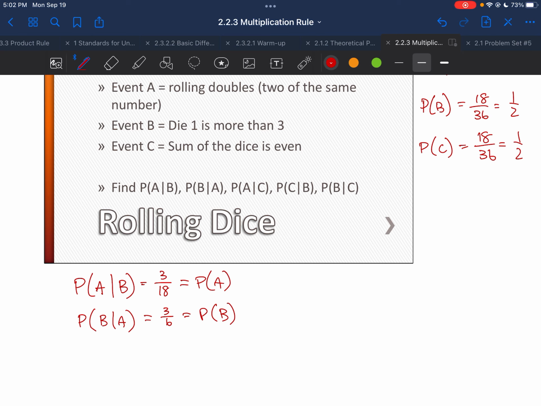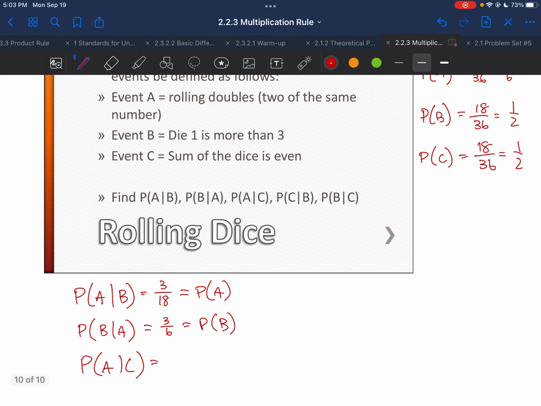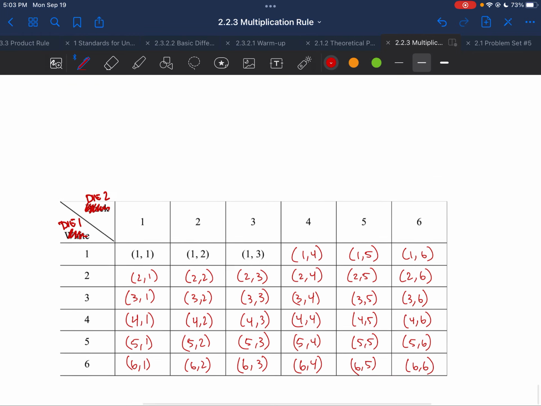Now looking forward to the probability of A given C. Here, we're looking for the probability that we roll doubles, given that the sum of the dice is even. So I'm going to look back at my sample space here. My sample space has been reduced. I'm going to highlight this time.